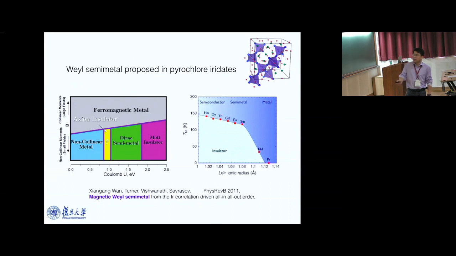He changed this parameter U, which characterizes the effect of correlations. If you introduce strong correlation, that will enhance magnetism and induce magnetic order. He found that in an intermediate correlation regime, there is a new phase.